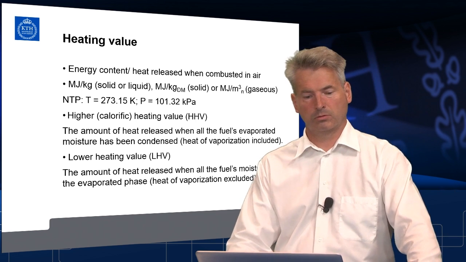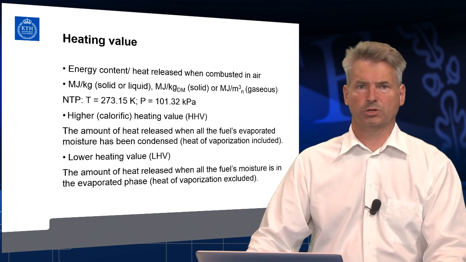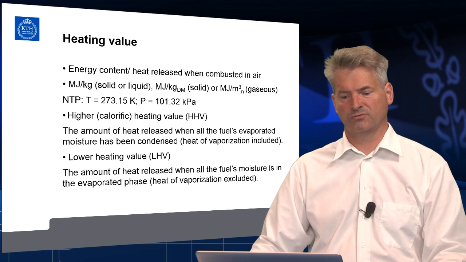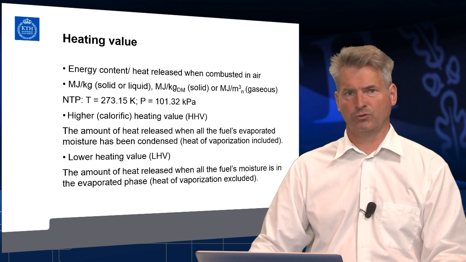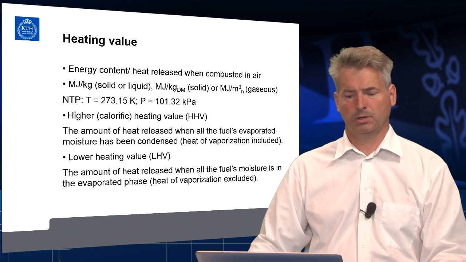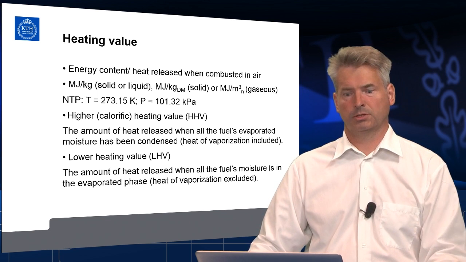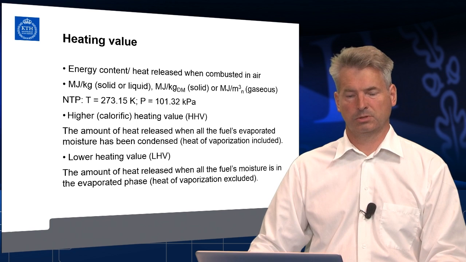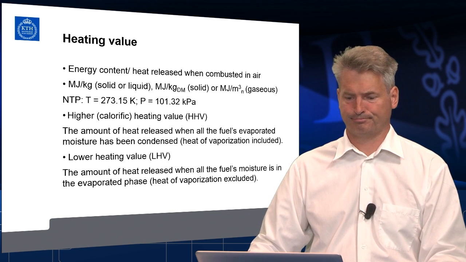And when you use biomass with a large amount of moisture in the fuel, you often have flue gas condensation. So flue gas condensation has been invested in many heating plants when you use biomass as fuel.